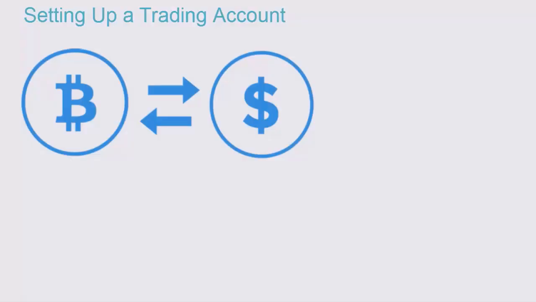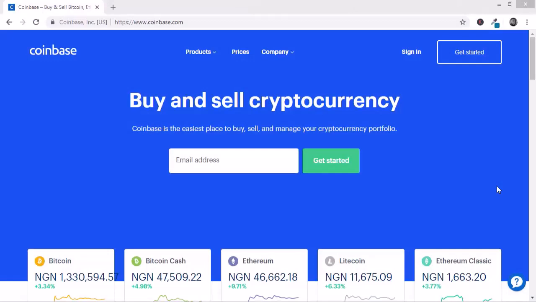Trading cryptocurrency like Bitcoin is all about buying and selling Bitcoins using different fiat currencies or altcoins. There are good exchanges out there, but when it comes to choosing an exchange, you need to consider your geographical location and the type of fiat currency you use.